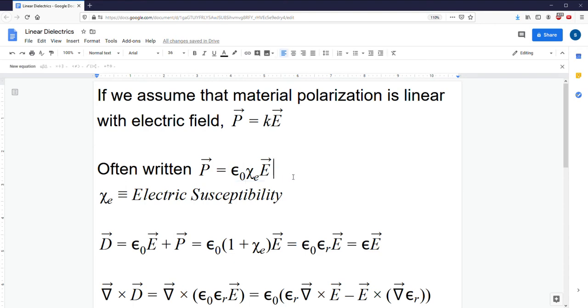If you call it X, I'm not going to worry. Chi. Writing it like this, chi is known as the electric susceptibility, and it is a dimensionless quantity, which means that we can just give materials numbers.